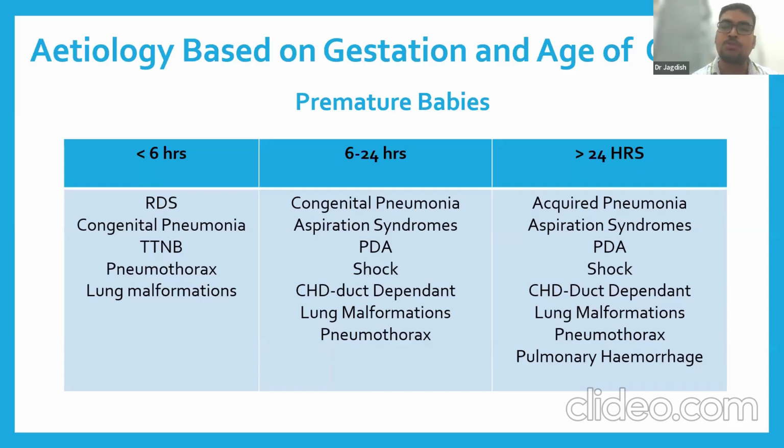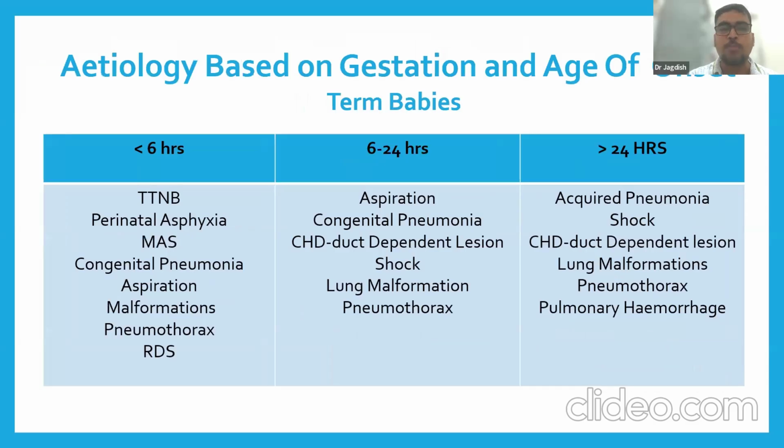Then within 6 to 24 hours, it may be congenital pneumonia, aspiration syndromes, PDA, shock, congenital heart disease, lung malformation or pneumothorax. And if the onset is after 24 hours, then it may be acquired pneumonia, PDA, shock, aspirations, hemorrhages.